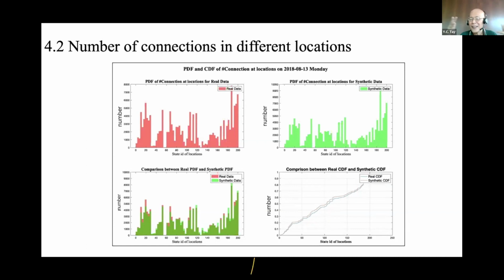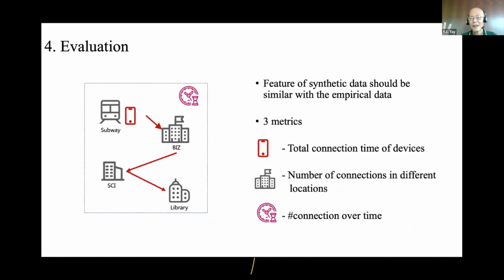There are any number of dimensions to this similarity. In this case, Feng Ben is looking at the number of devices, number of connections, connection time, etc. But there could be other aspects that are not captured by these 3 metrics.